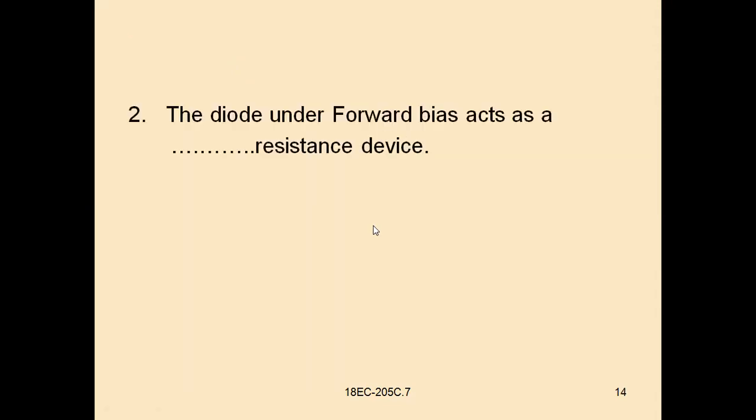Okay. Next. The diode under forward bias acts as what device? A low resistance device. Under forward bias condition, you can observe low resistance, right? So that's why in forward bias, the diode will act as a low resistance device.